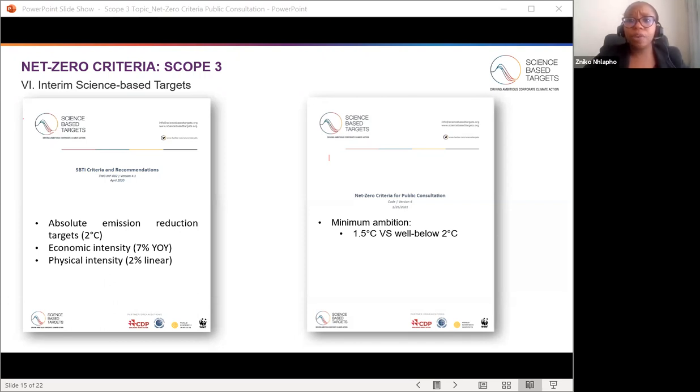We've spoken about how the SBTi currently requires companies to set scope 3 targets if scope 3 emissions are at least 40% of total scope 1, 2, and 3 emissions. And with this, companies are then required to cover at least 67% of their emissions in their SBTs.